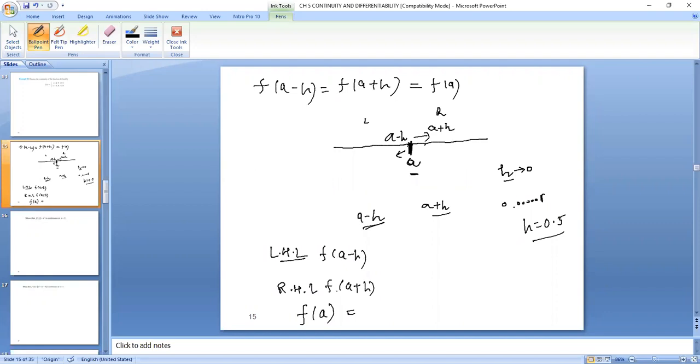If left hand limit is equal to right hand limit is equal to value of the function, then we will say that the function is continuous, right? So now we will be proving our questions with this concept.